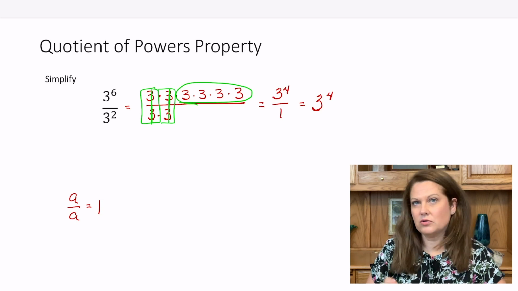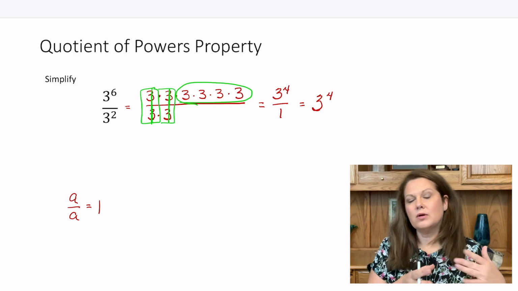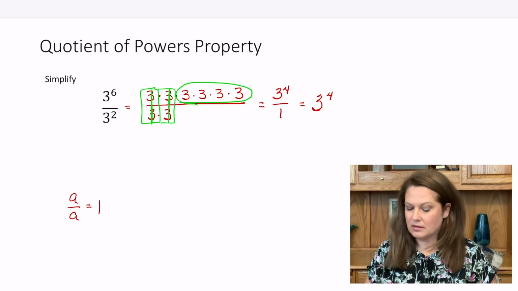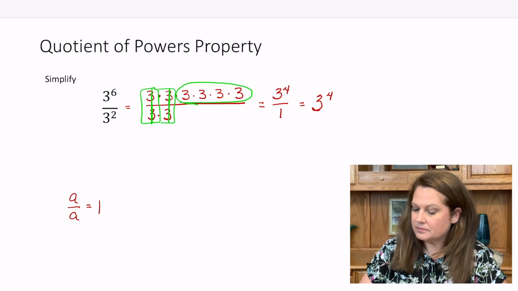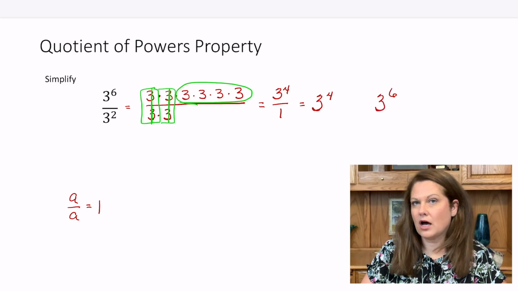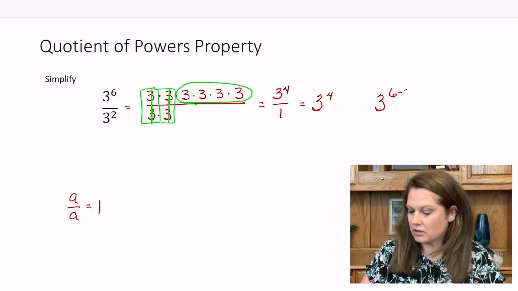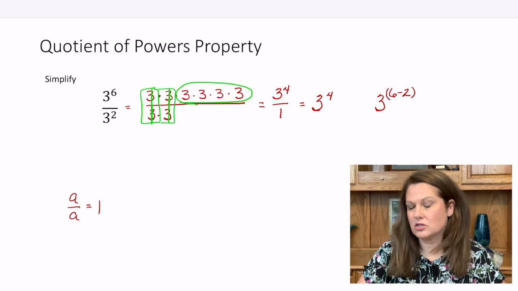Now, did you notice a trick? When we talked about products, we would add the exponents. Notice here, if we do 3 to the 6th, what's the opposite of addition? Oh yep, it's subtraction. And we subtract our exponents, 6 and 2.